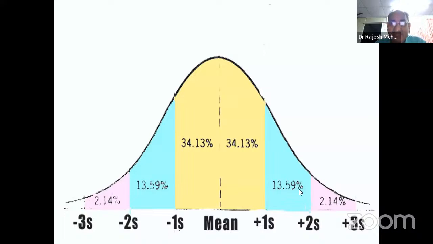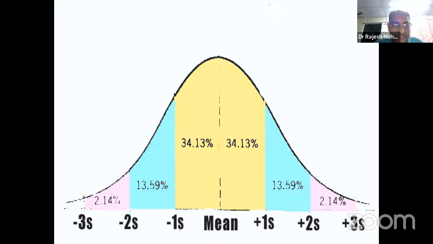So there is less than 5% chance that this child having 100 centimeter belongs to the standard normal distribution curve in this particular example. In other words, 100 minus 75 is 25, divided by 5, that means the child is 5 standard deviations away from the mean.